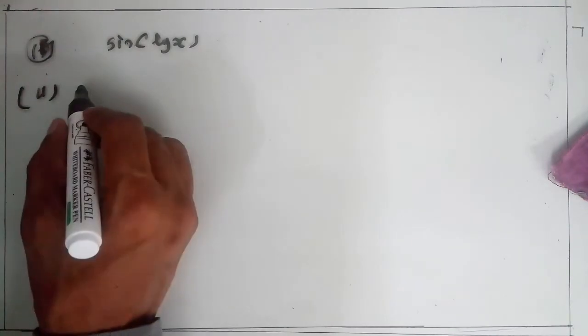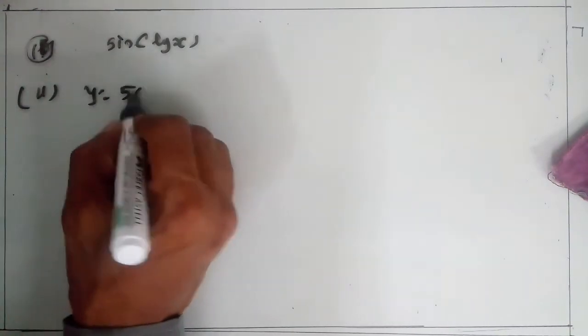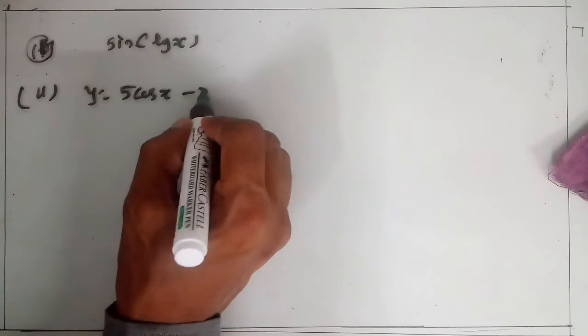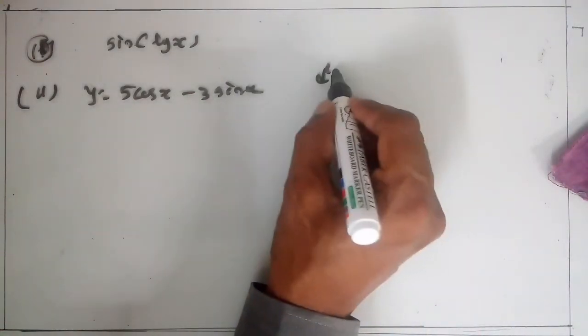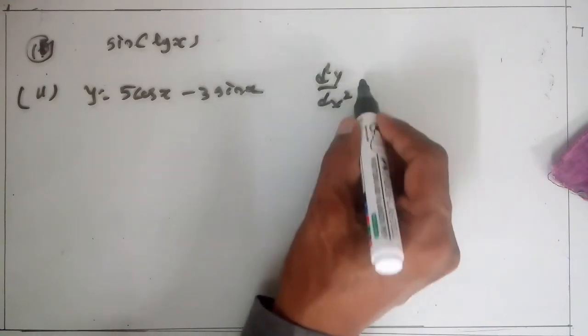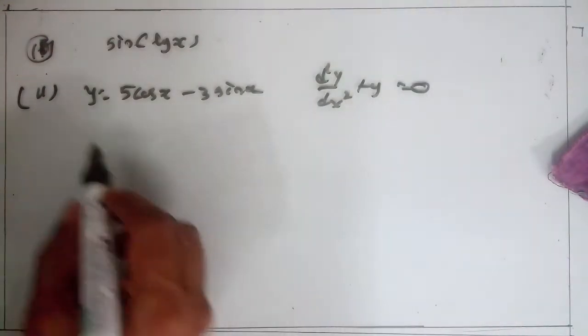Question number 11. If y is equal to 5 cos x minus 3 sin x, then prove that d square y by dx square plus y is equal to 0.